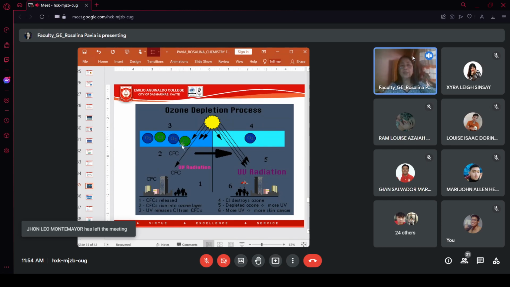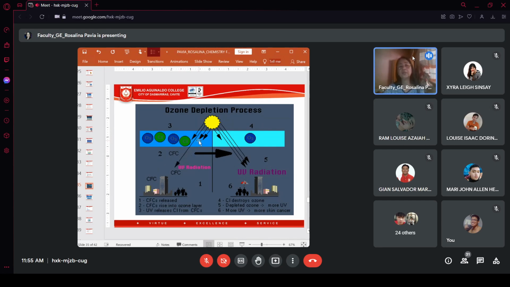So it contains chlorine. Ngayon, if the CFCs are released to the atmosphere, it rises up to the ozone layer. Dito na si ozone layer. Pag na-reach na ni CFC yung ozone layer, si sun, mag-i-emit ng UV, it has the tendency now to separate the chlorine from the CFC.